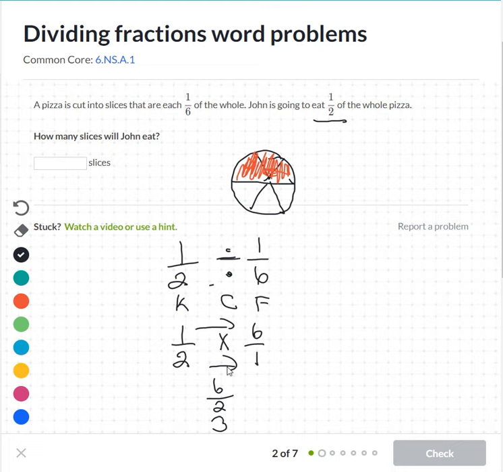So ultimately, John is going to eat 3 slices of pizza. Now, you could have seen that visually once you understood what was occurring, but the key is figure out what's being split and make that the numerator, or the number that you are going to divide. So the answer is 3.